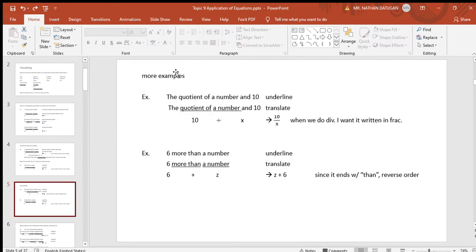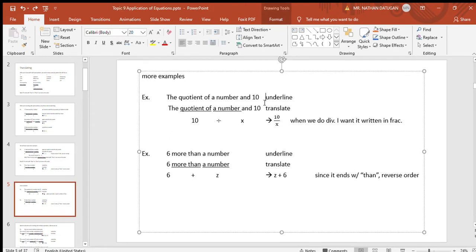Sorry about that. Now let's have a few more examples, then we're moving on. So the quotient of a number and 10. First things first, underline. The quotient of is division and a number is x. So it's not going to be like this. This is wrong, actually.